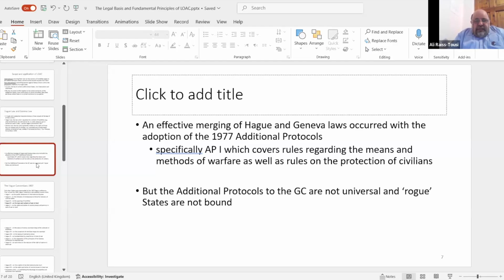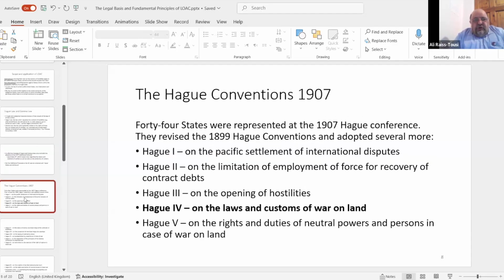There is no state that formally says, I do not accept and I refuse to follow the obligations in these treaties. They are universal. The additional protocols, however, are not universal. There are several states, and I call them the rogue states, that have refused to sign on and therefore are not bound by the extra restrictions that the additional protocols impose.